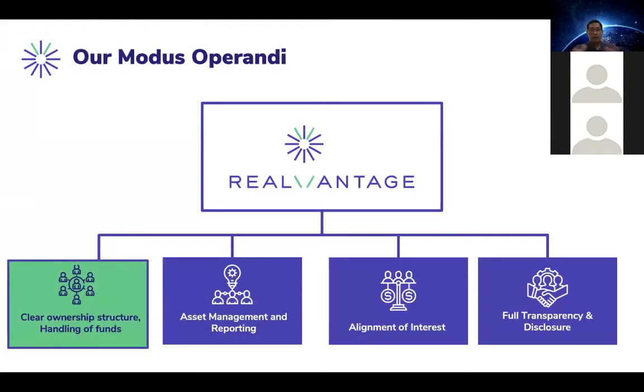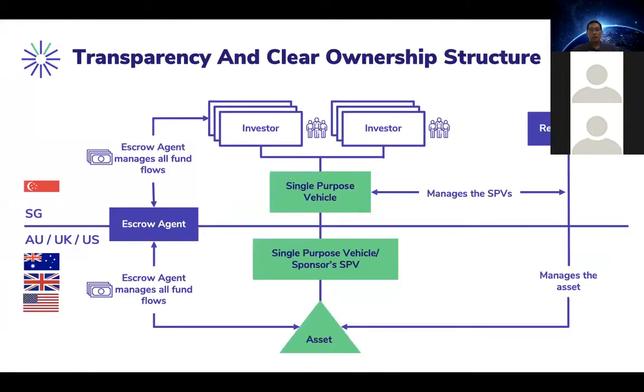I'll start by speaking about the investment structure. What do you own when you invest with us? That's a very important question everybody should ask themselves. All our deals are structured into what we call a single purpose vehicle. What do we mean by that? It's a newly formed company. So when you invest, you're made a shareholder of an SPV, a single purpose vehicle.